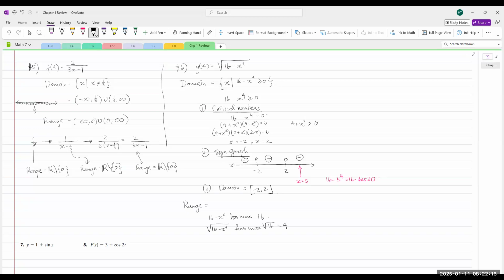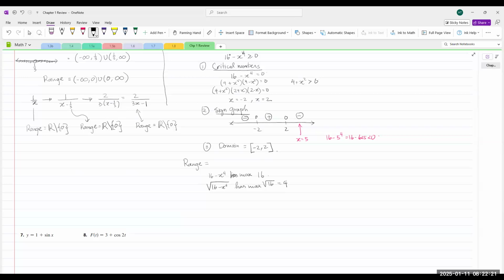But on the other hand, the nature of square root itself has a minimum. Square root of anything is at least 0, right? And 16 minus x to the 4th may be 0. So the range here will be from 0 to 4.